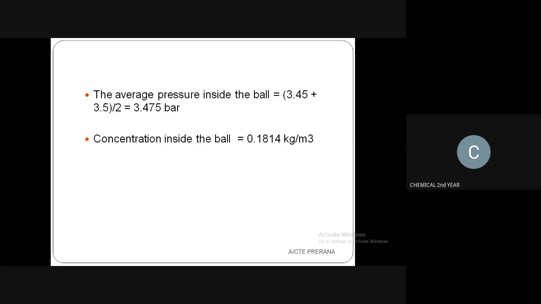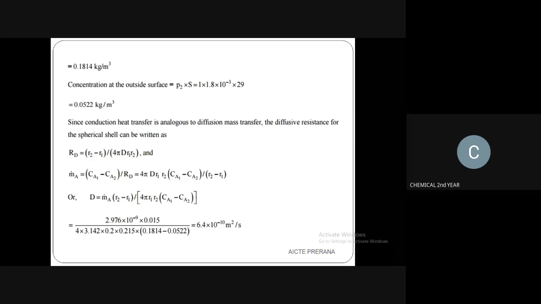So the concentration inside the ball is 0.1814 kg per meter cube, and the concentration outside the surface is pressure into solubility, 1 into 1.8 into 10 to the power minus 3, into the molecular weight of air, 29. So you will get the concentration at the outside surface as 0.0522 kg per meter cube.